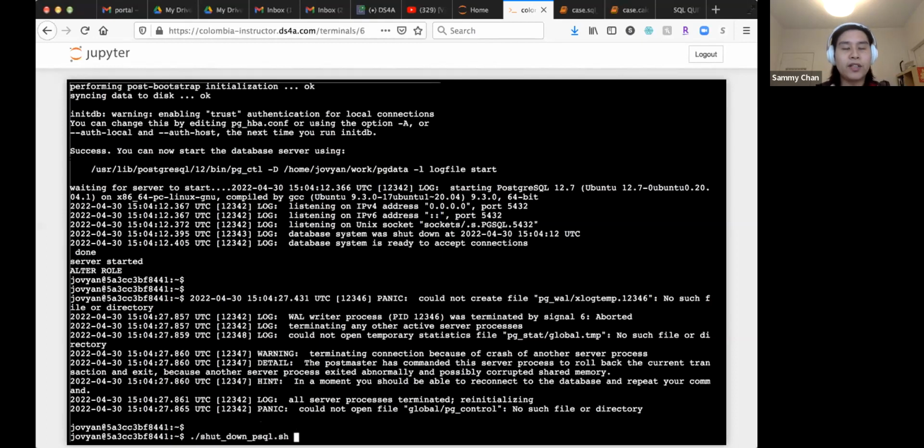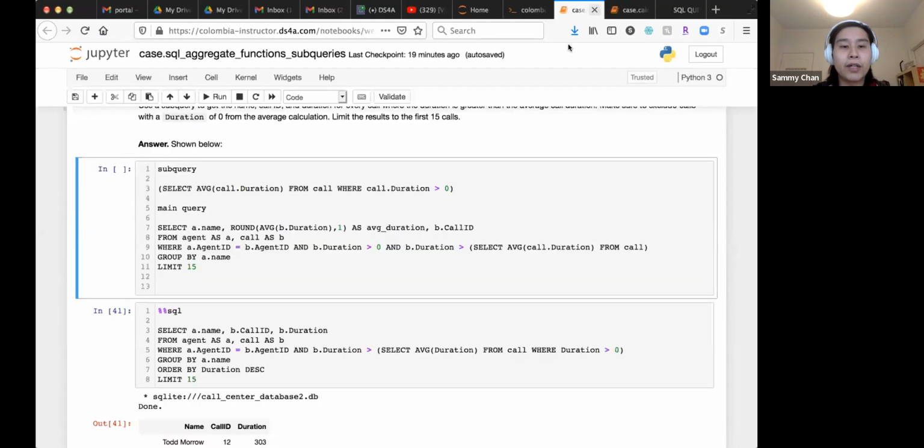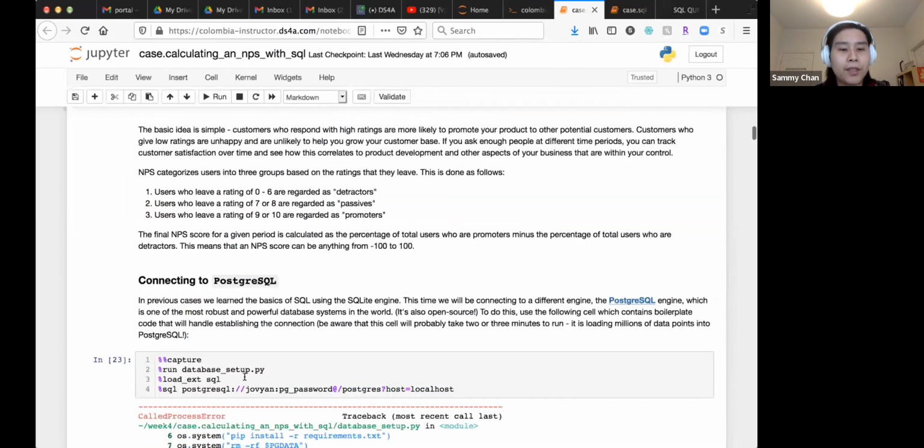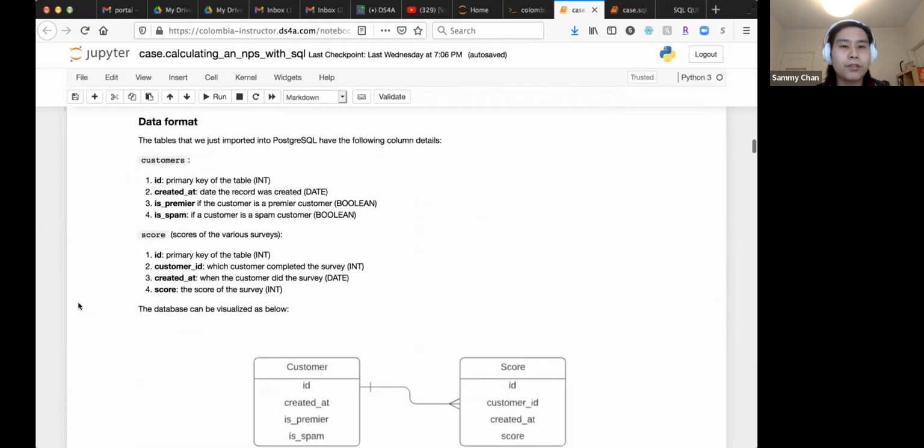And then it would shut down the PostgreSQL database on your server, and then you can rerun the cell here to ask it to start up your SQL server again.